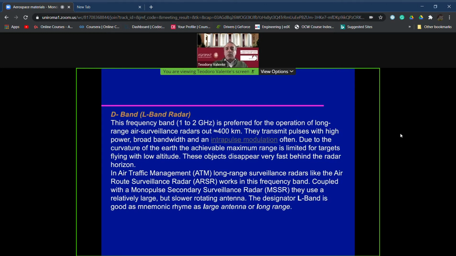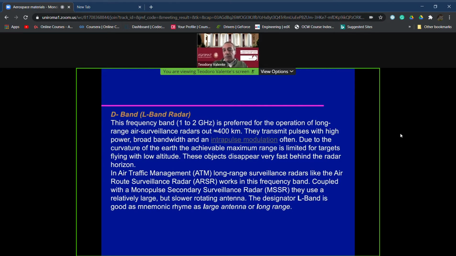Due to the curvature of the Earth, the achievable maximum range is limited for targets flying at low altitude, because the object will disappear very fast behind the radar horizon. In air traffic management, ATM, long-range radars work in this frequency band.